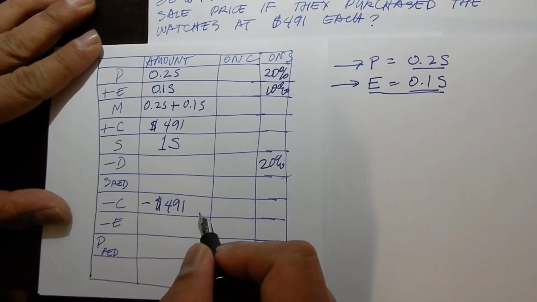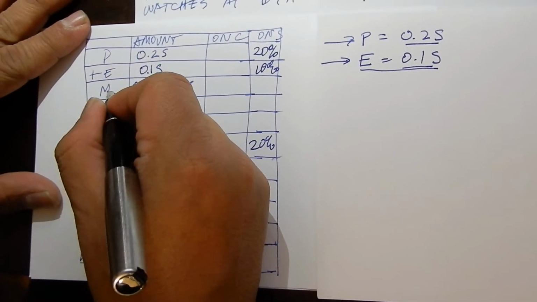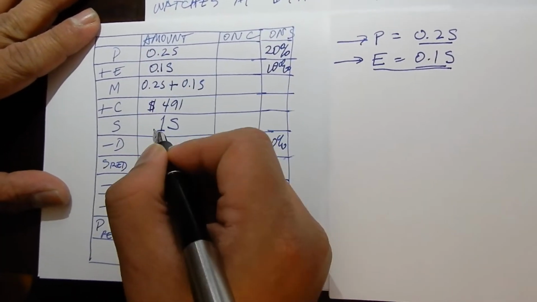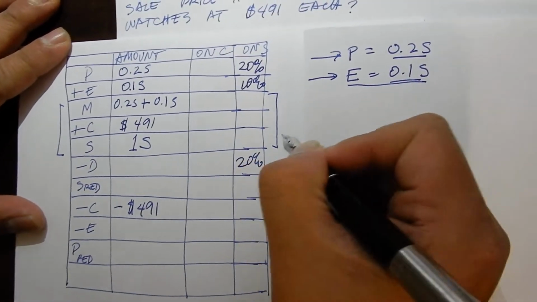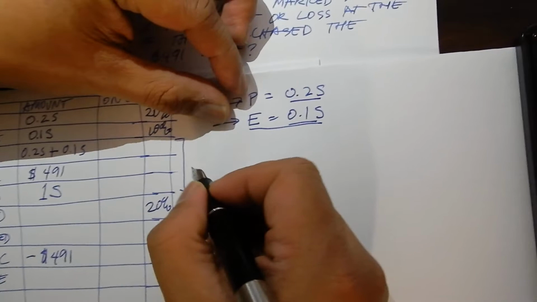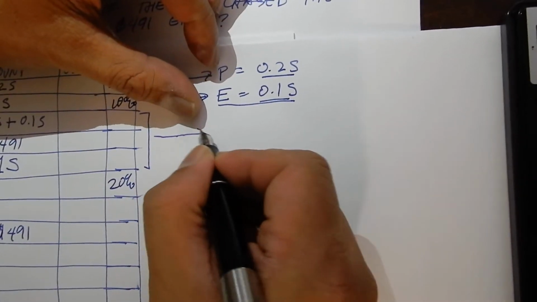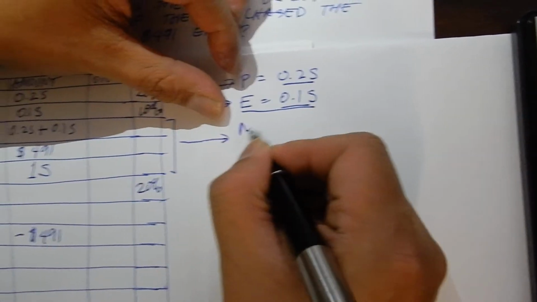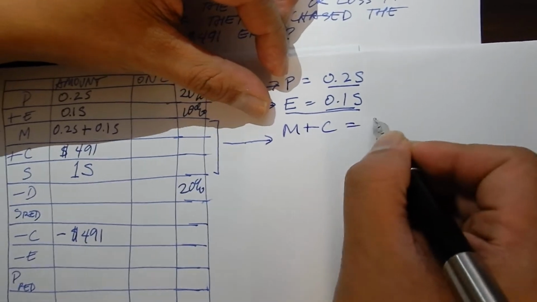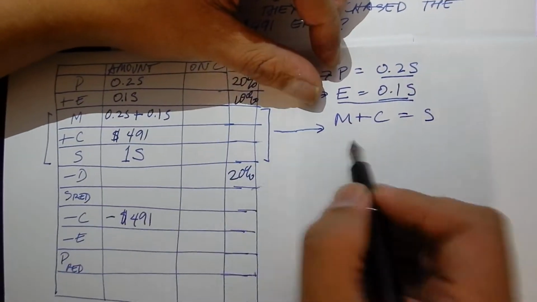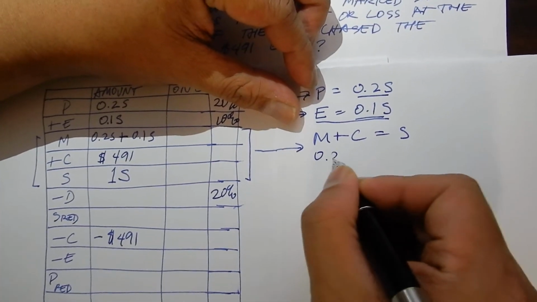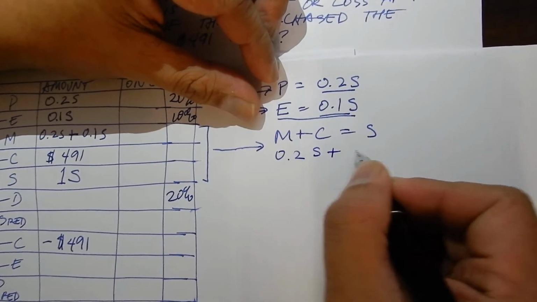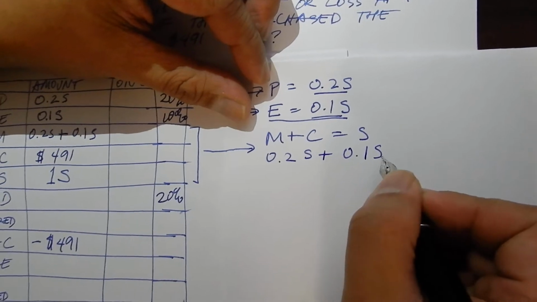Now, since we know M plus C is S according to the table, we have the basis for an algebraic equation. So this is M plus C equals S. Now I can plug in what M is, 0.2S plus 0.1S.